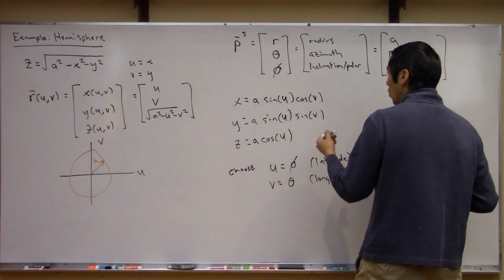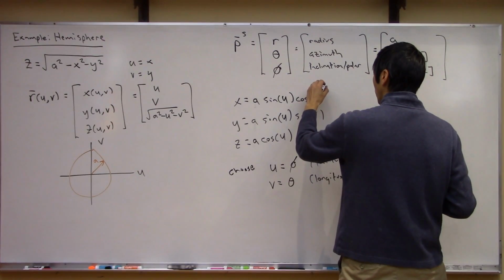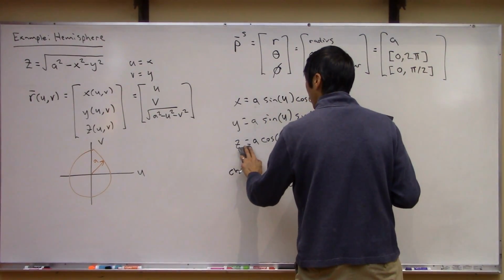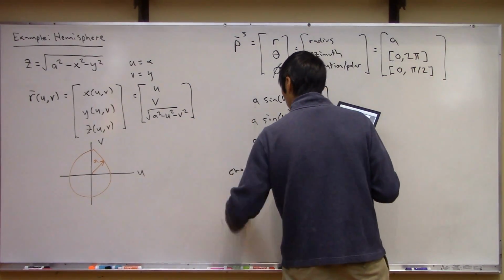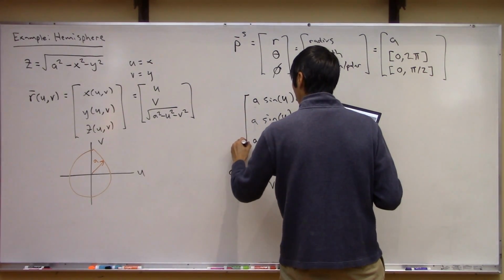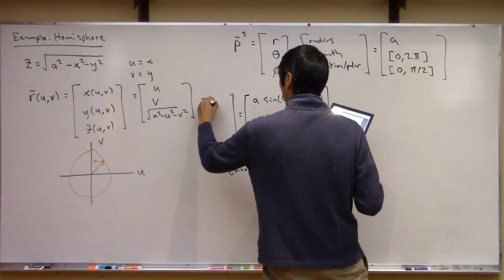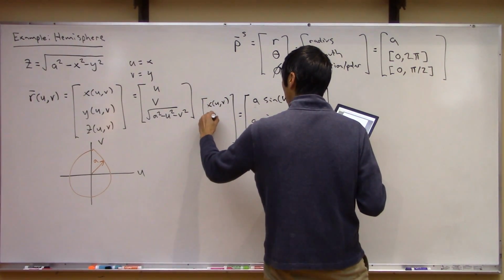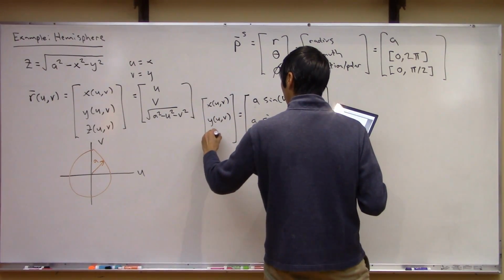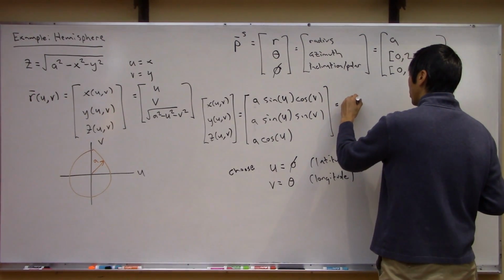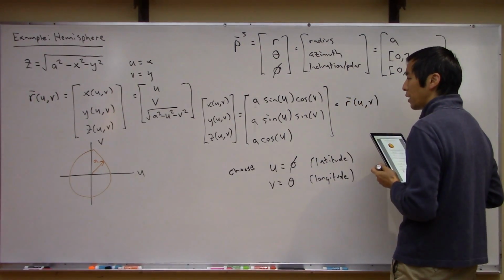Now if we put this in matrix form, let me move this over to one side and put all of these together. This is your x as a function of u and v, y as a function of u and v, z as a function of u and v, equal to this thing. So this here is our parameterization in u and v.